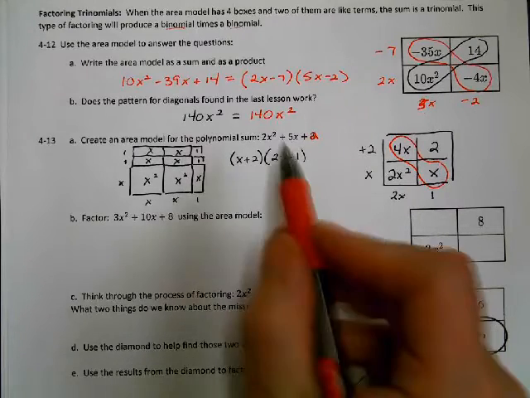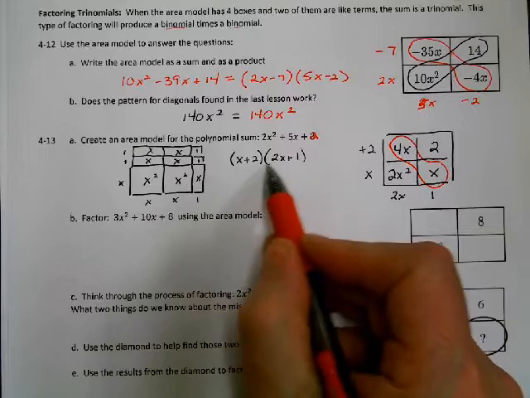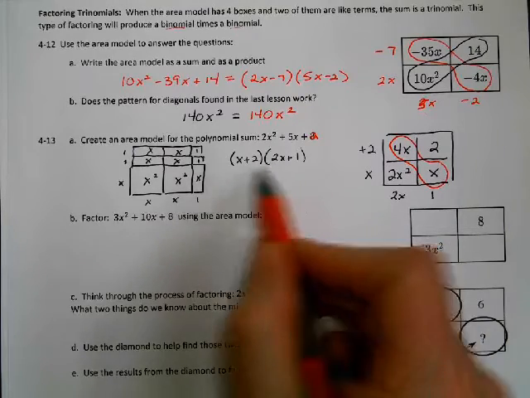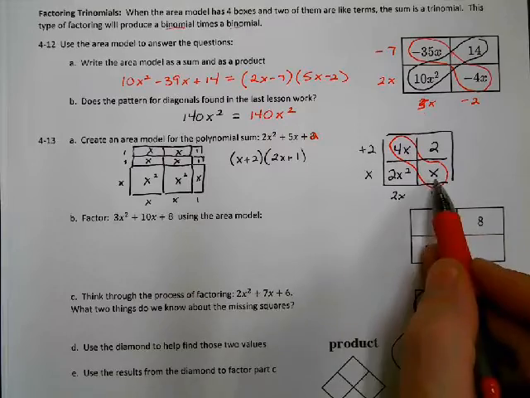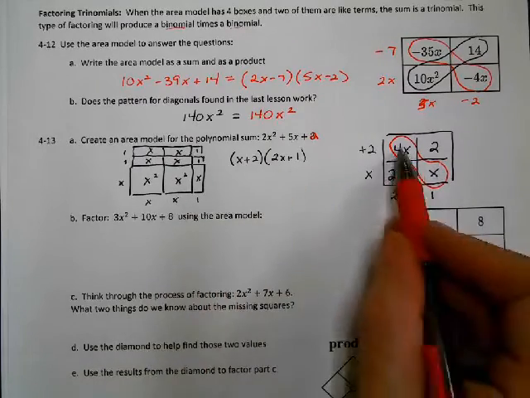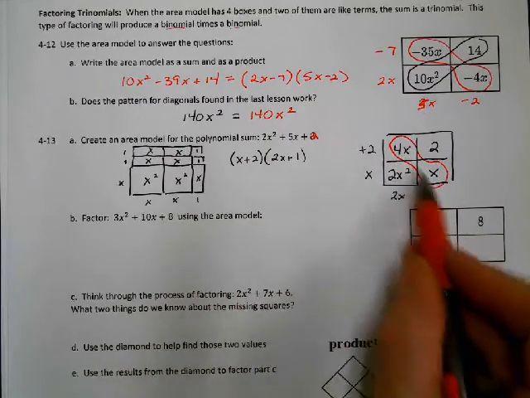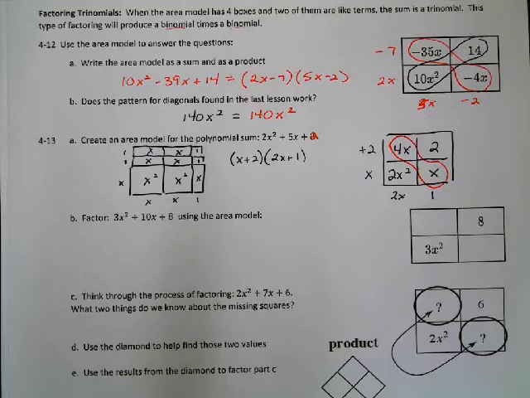So here, these two numbers are being multiplied, and then these two numbers are being multiplied to give me these. So it looks like I'm multiplying and then adding them together to get that middle term right there. So I'm multiplying and I'm adding them together.